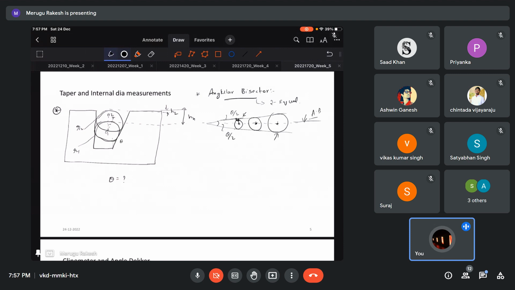The ball centers are not coinciding. The balls make point contact only, sir. Yes, you can treat them as tangents.